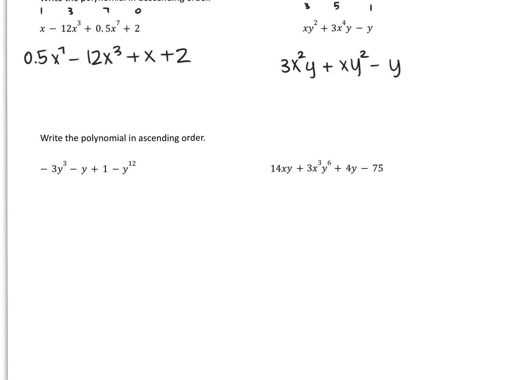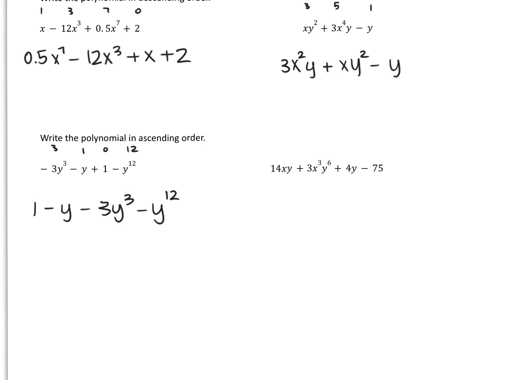Now we want to do ascending order, starting from the smallest and going to the highest. We have negative 3y cubed minus y plus 1 minus y to the 12th. We have a 3, a 1, a 0, and a 12. So we start with 1, then minus y, minus 3y cubed, and then minus y to the 12th.